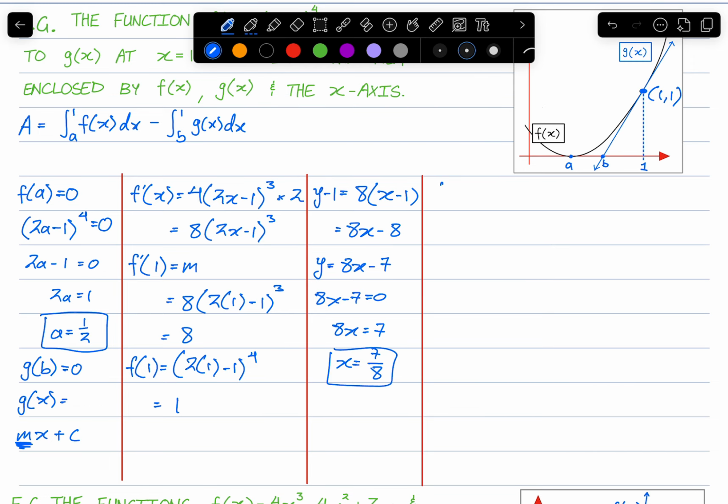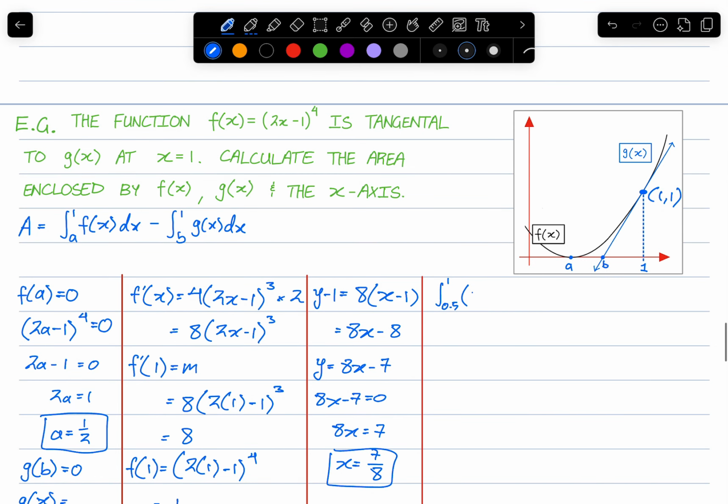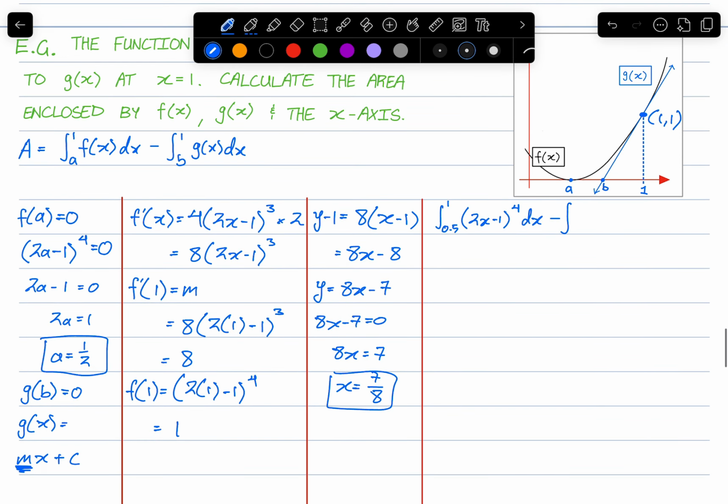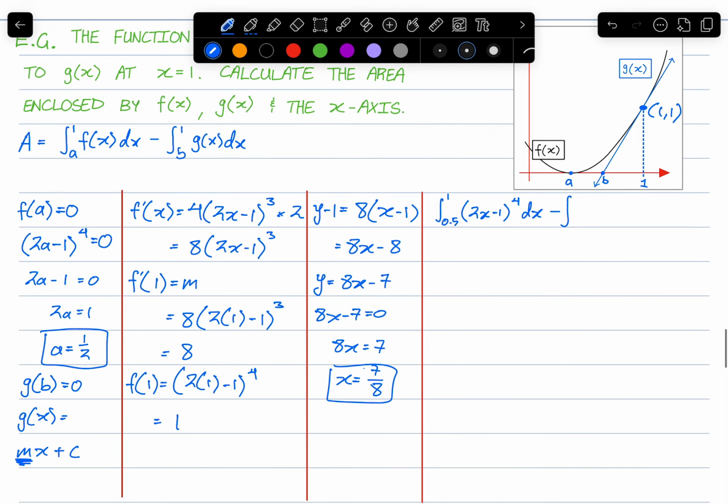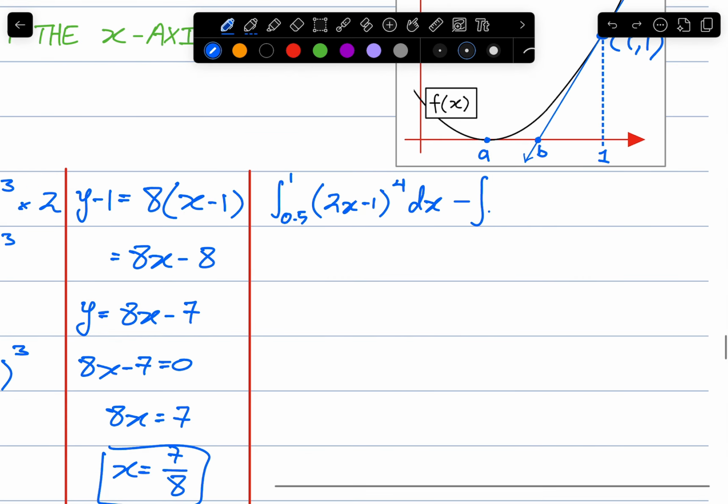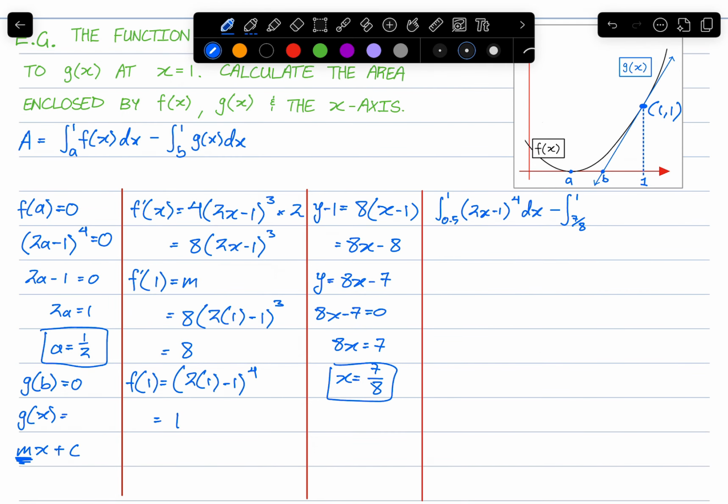So now the integral from a, and we saw that a was a half, so from 0.5 to 1 of f of x, where f of x is (2x minus 1) to the power of 4 dx, from which we subtract the integral from b, we saw b was 7 on 8, to 1 of g of x, where g of x was this one here, so 8x minus 7 dx.